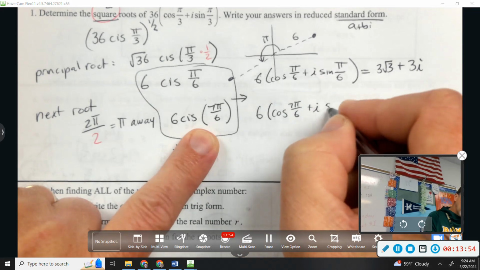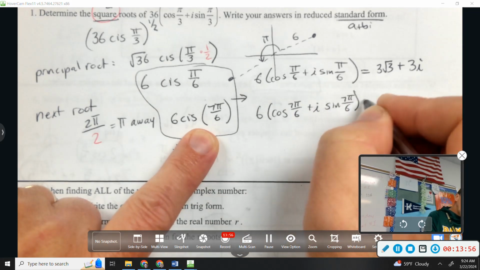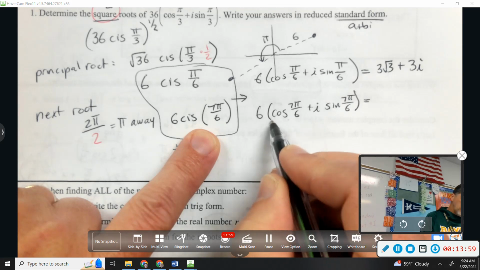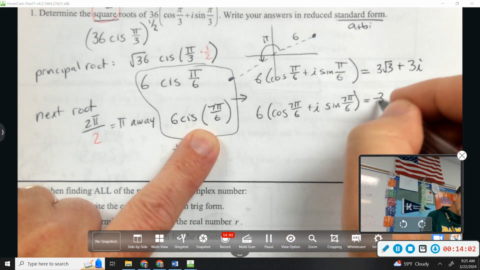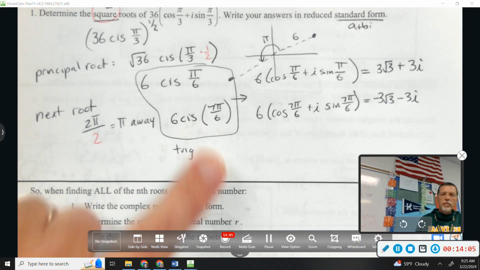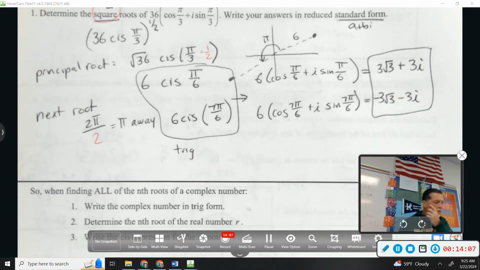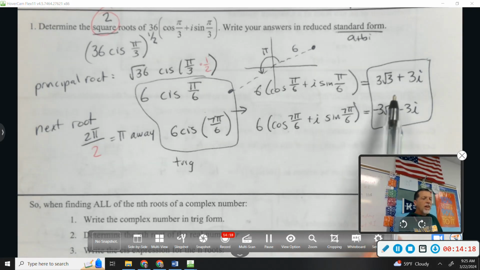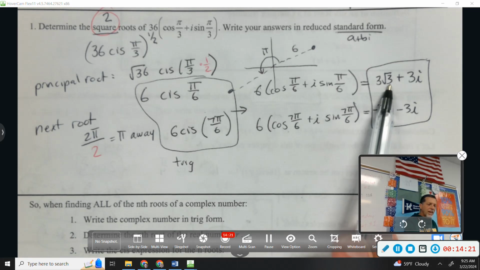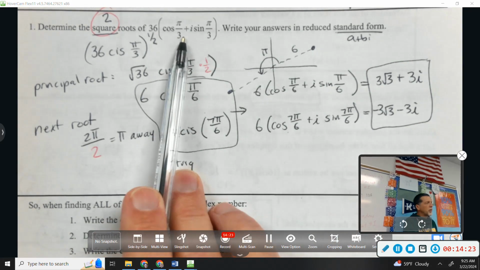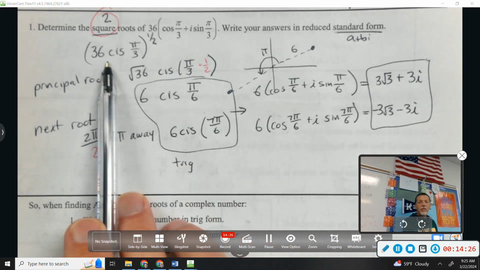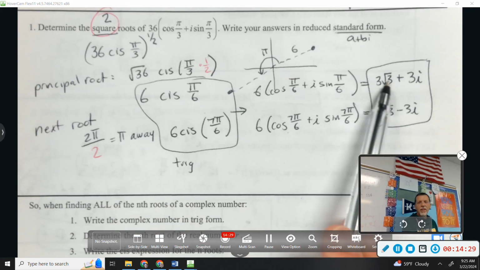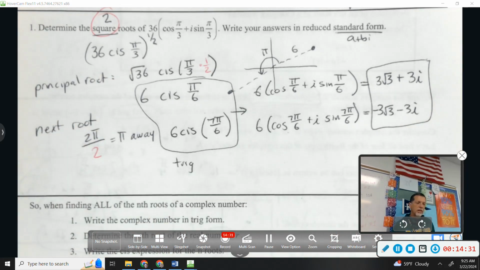We've done this step a lot. So actually both of those would just be the negative version of what we just had. So there's my 2 answers in standard form. Okay, big picture, what that means is if I squared either one of these, I would get back to what we started with. I would get 36 cis pi over 3. That's kind of weird to look at, to think you'd square that and get that, but you would.